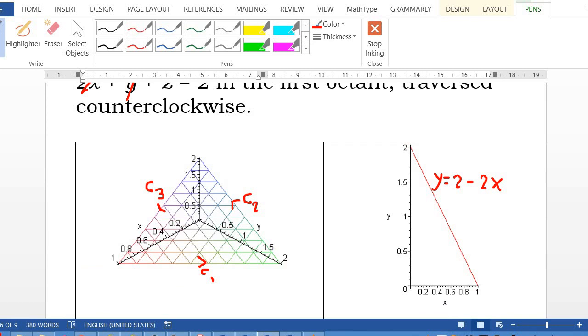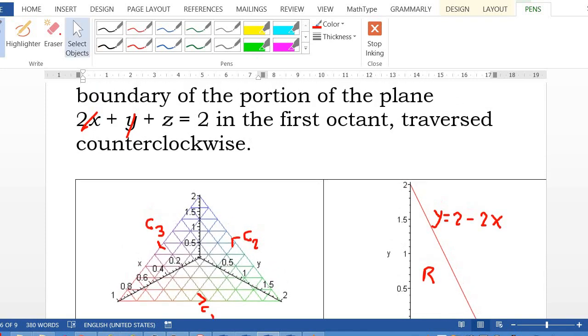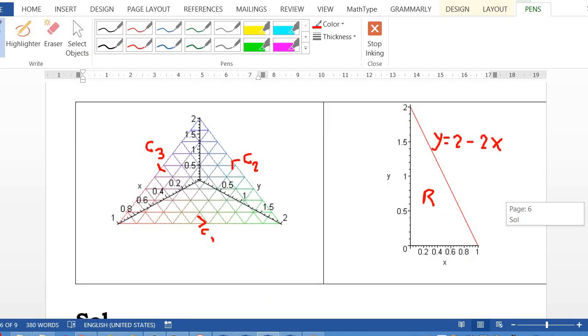If you use Stokes' theorem, you just need to evaluate the flux integral of curl F dot n dS across surface S. The projection, region R, happens when z equals 0: 2x plus y equals 2, so y is 2 minus 2x. This is the region R.